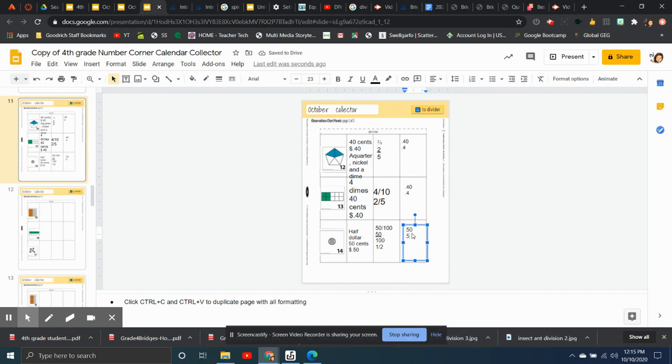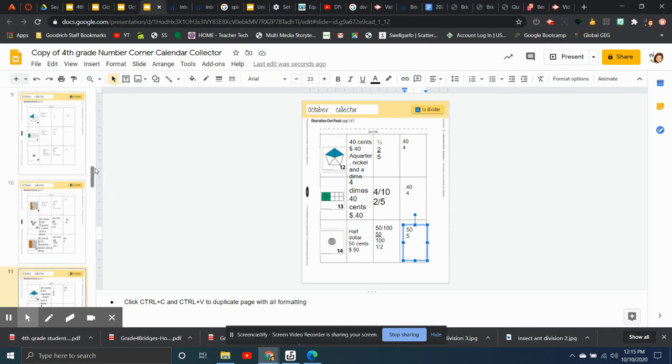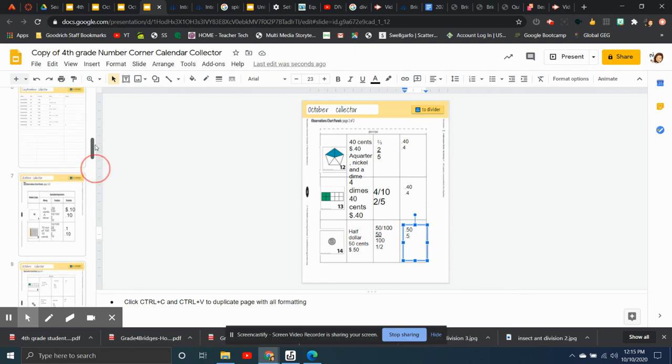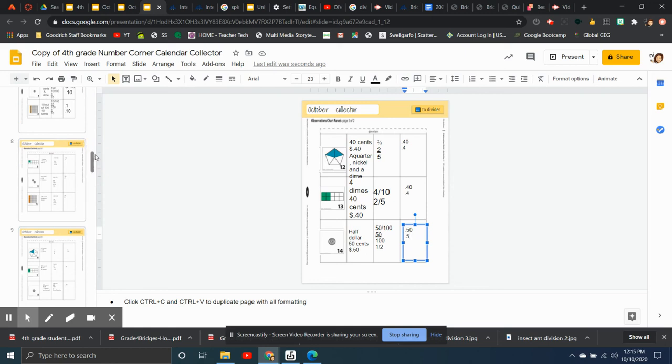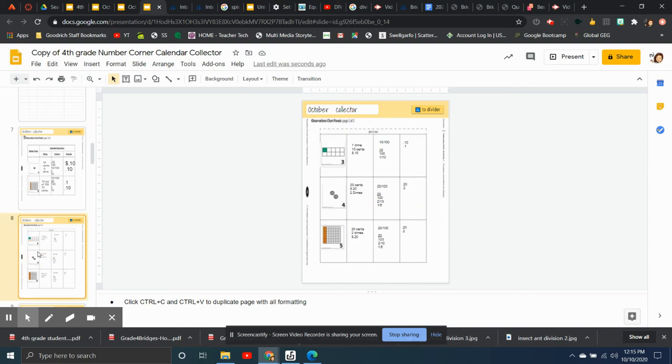Okay, so let's think about our pattern. If it holds true, what should come next? So if we look at what we have, we started way back here. Money, base 10 blocks, 10 frames, money.